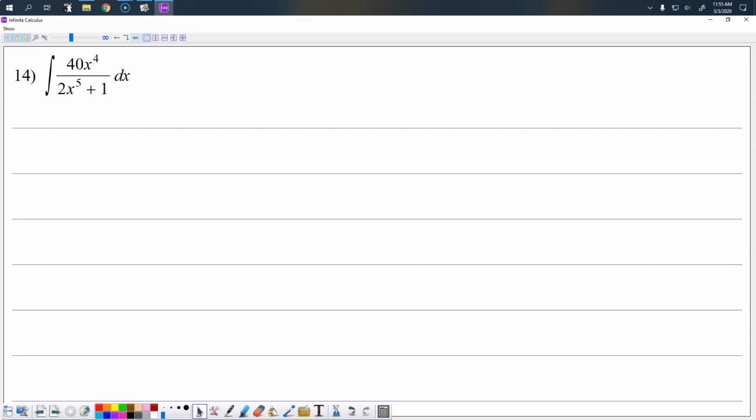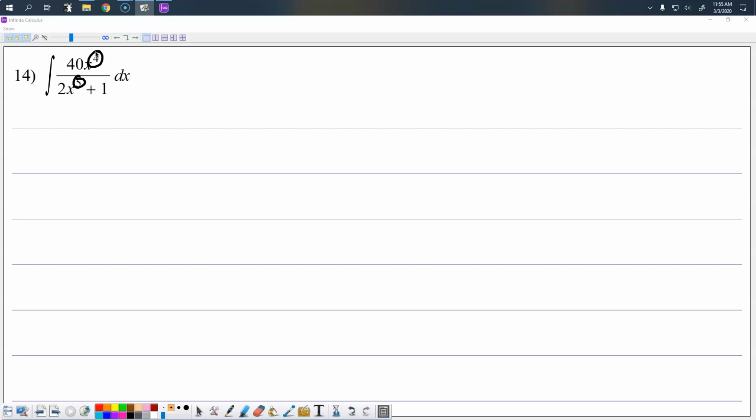Okay. Next one here. Let's take a look-see. Here's another one. Now this is not an arctan problem or an arc-trig function. It looks a little bit like the one before it, but here's the difference. Notice that this power is only different from this power by 1.